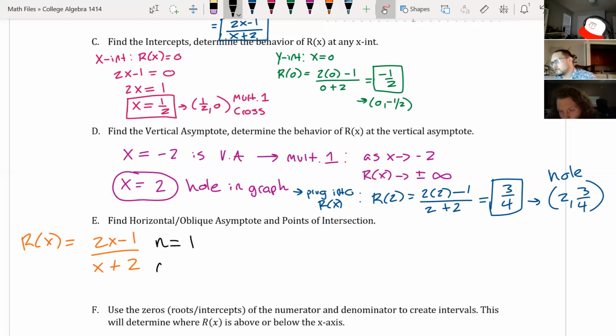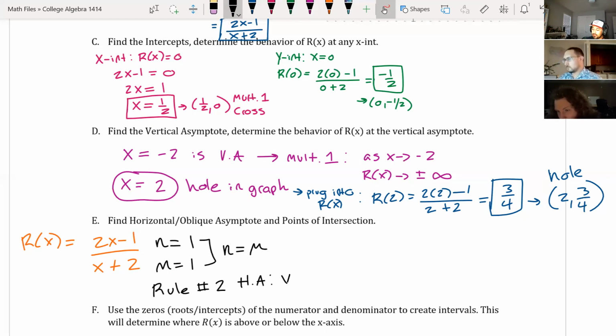So n is 1, m is 1, which means these are both equal, which means we have rule number 2, where we get a horizontal asymptote of the leading coefficients over each other.